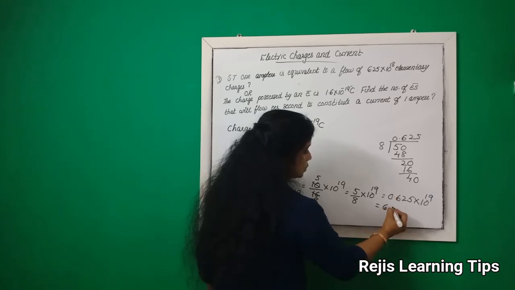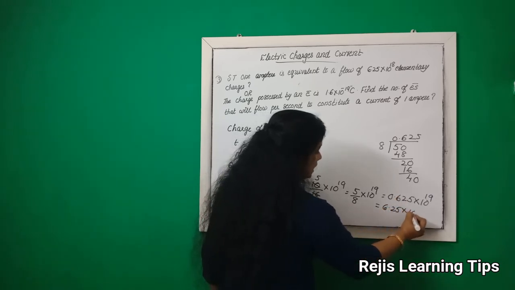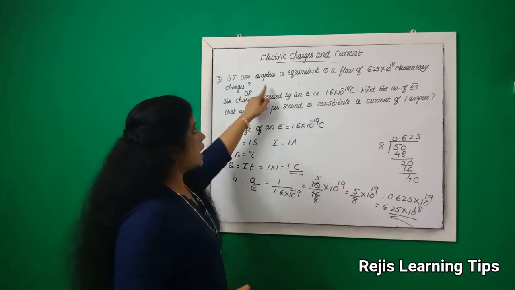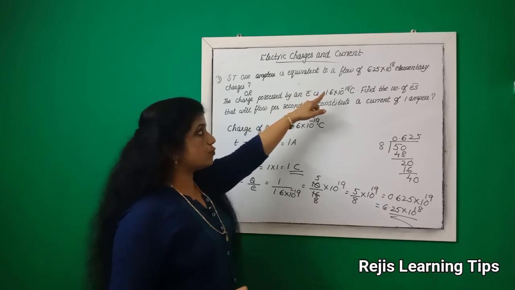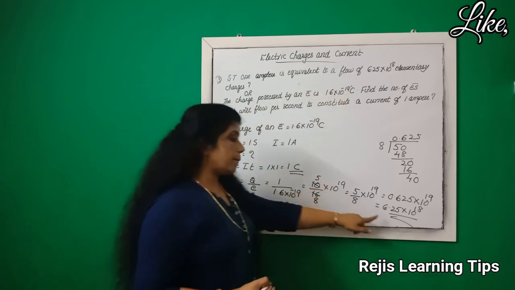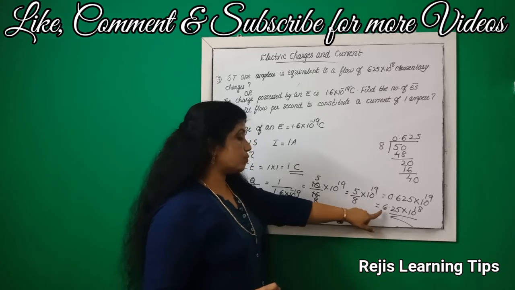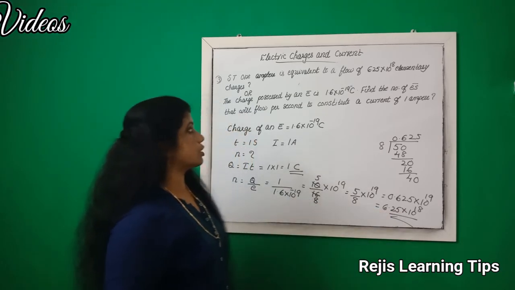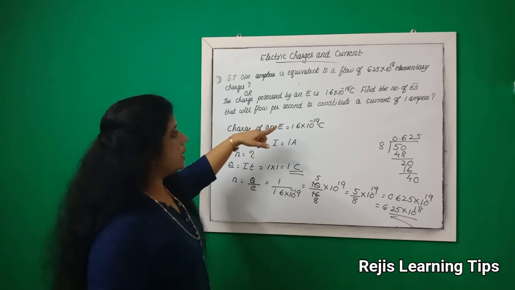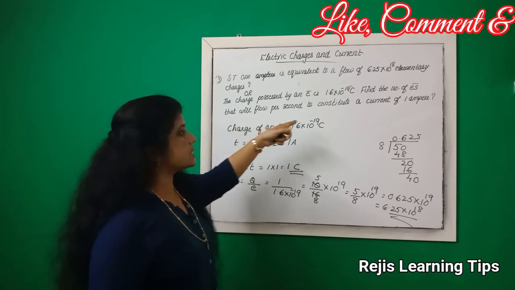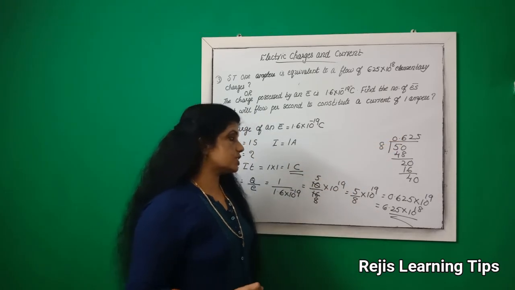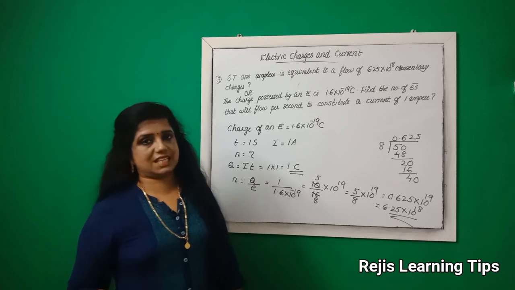So then we will get 6.25 into 10 raised to 18. Okay, so we have shown that 1 ampere is equivalent to the flow of 6.25 into 10 raised to 18 elementary particles. So 1 ampere constitutes the flow of 6.25 into 10 raised to 18 electrons. Then the second step, the number of electrons that will flow per second to constitute a current of 1 ampere is 6.25 into 10 raised to 18.